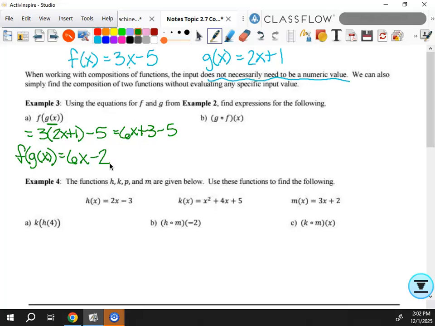Any questions about that? All right, then y'all do B. I'd rewrite it as g of f of x first.